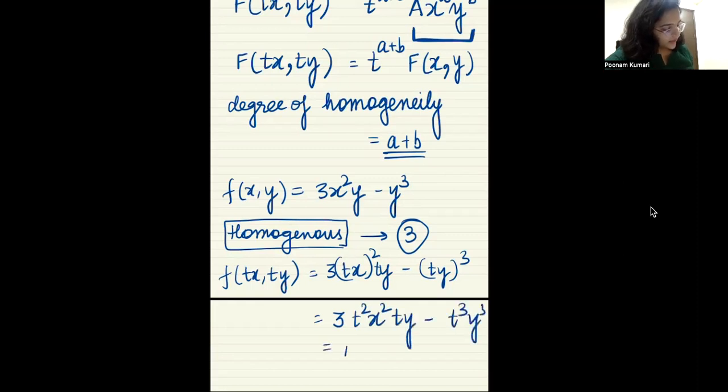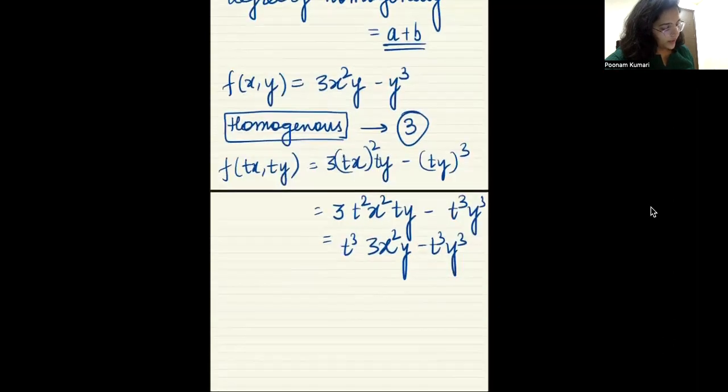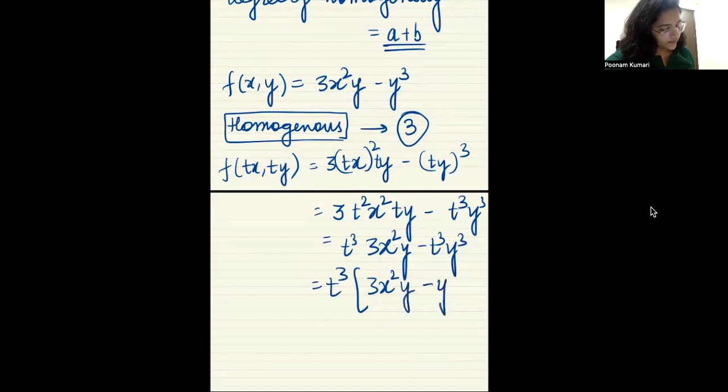And then we had t cube times (3x squared y minus y cube). If we bring t cube in front, we are left with 3x squared y minus y cube. This is nothing but your function, right? So we have the function value f(x, y) times t cube.